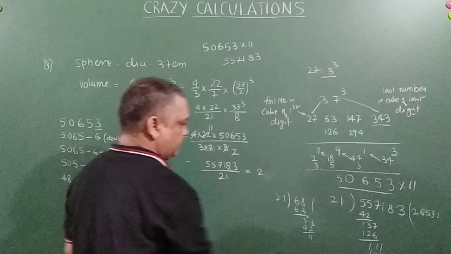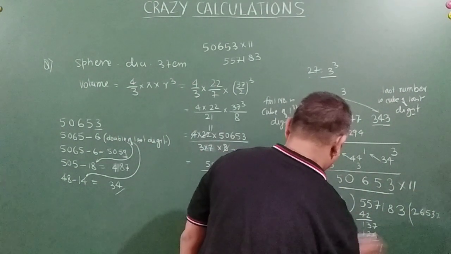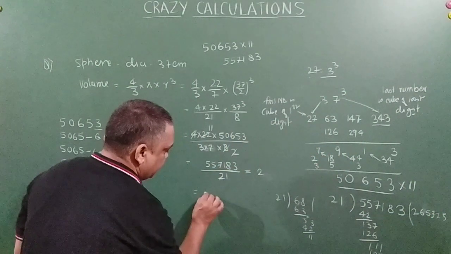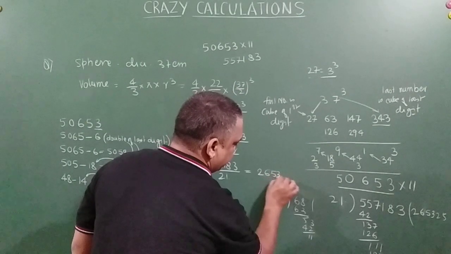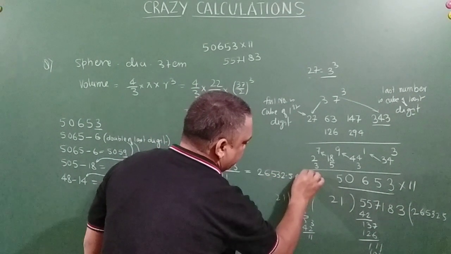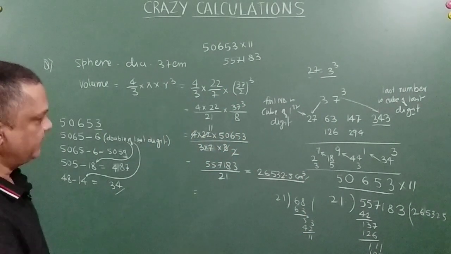So we will take this much, 26532.5. It is almost like that, right? So 26532.5 centimeter cube. So this is the volume of the sphere, right friends?